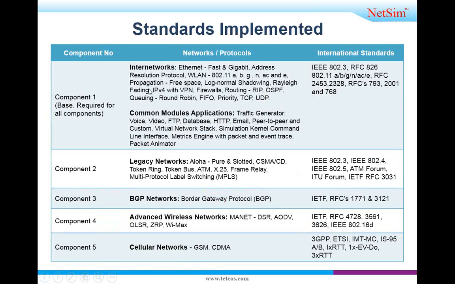Now, in NetSim, there are some components. It is divided into modules, or components, you can say. In NetSim, there are two versions: one is the academic version and one is the standard version. In the academic version, you have all the components with all the modules, and you can use it in the GUI.